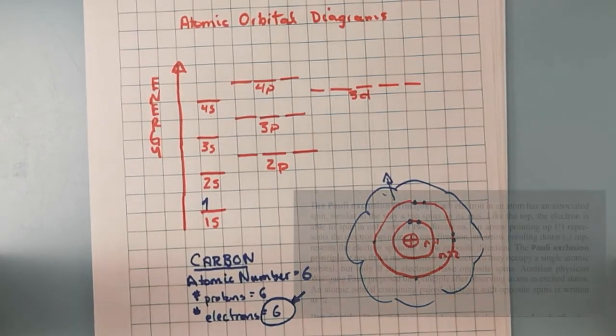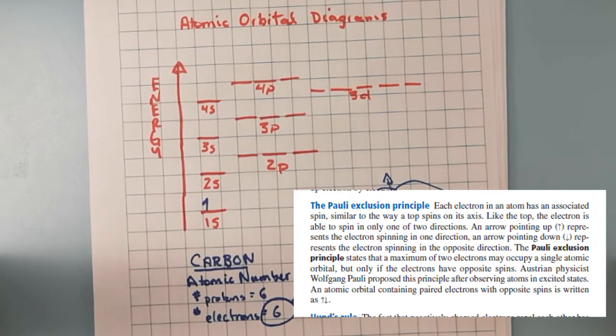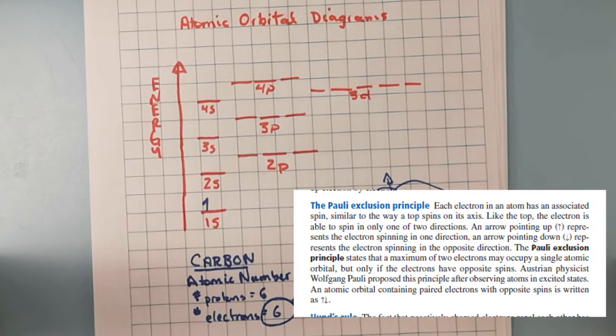Next is the Pauli exclusion principle. This states that each electron in an atom has an associated spin, similar to the way a top spins on its axis. So much like a spinning top, the electron is able to spin in only one of 2 directions. An arrow pointing up represents an electron spinning in one direction, whereas an arrow pointing down represents an electron spinning in the other direction.